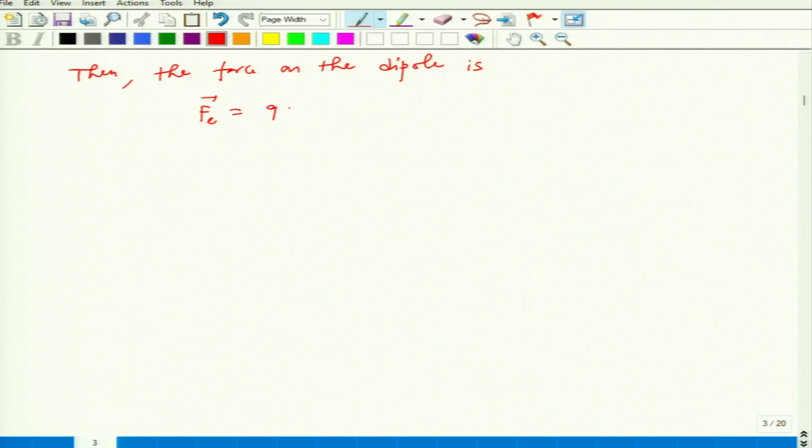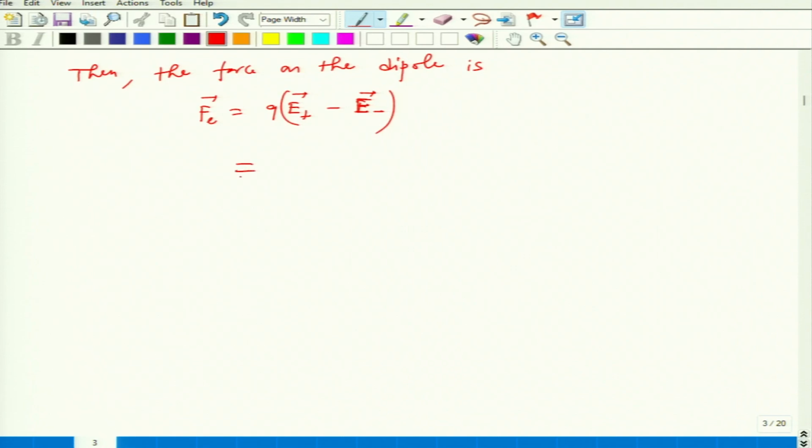So the force is q times E plus vector minus E minus vector. The charges have the same magnitude, so we take q outside, and we get the difference in the electric field between the two points.